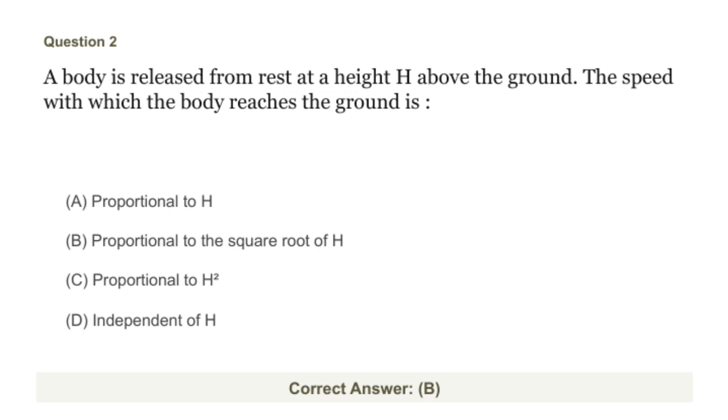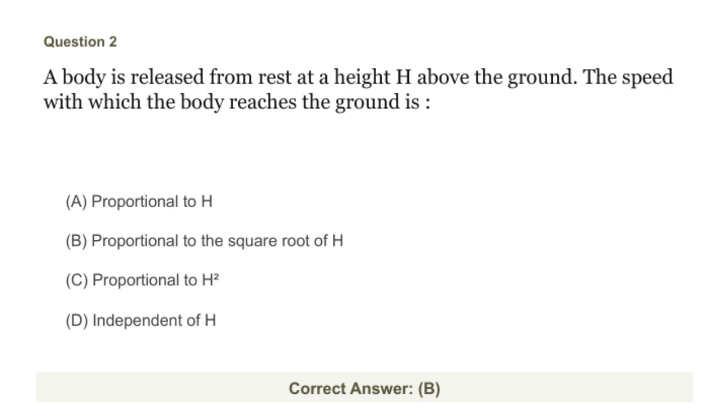This relationship is fundamental in physics because it links potential energy to kinetic energy through a simple mathematical relationship. This concept ties into the overall theme of energy conservation and motion. Understanding how height affects speed is crucial for analyzing various physical systems, from simple free fall to more complex scenarios in mechanics. So, remember, the body's speed when it reaches the ground is proportional to the square root of the initial height h.